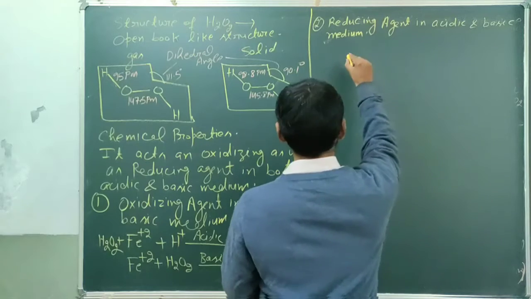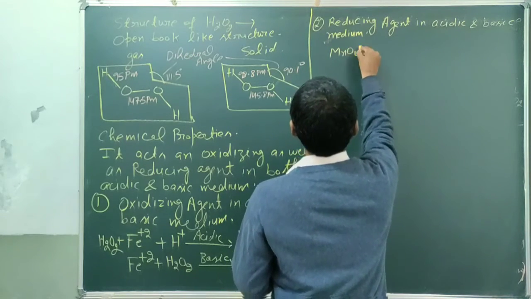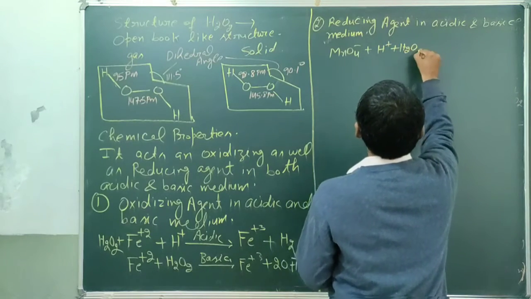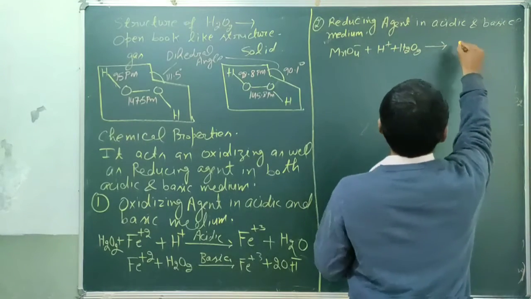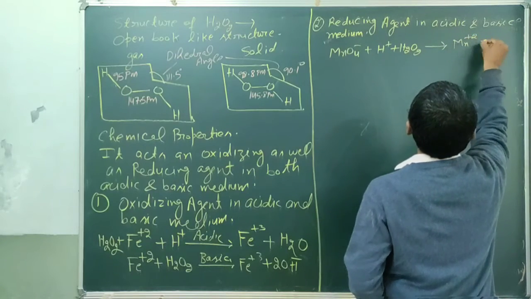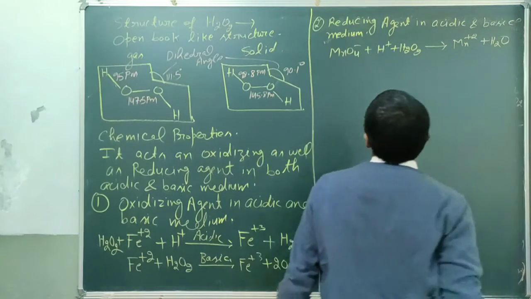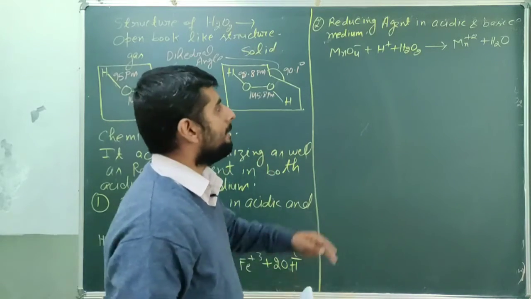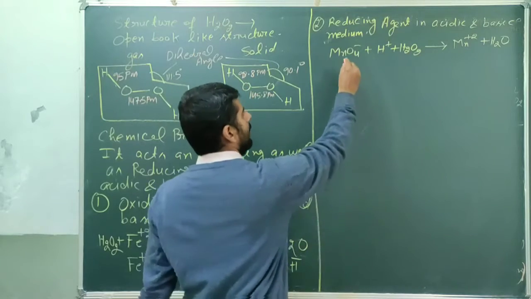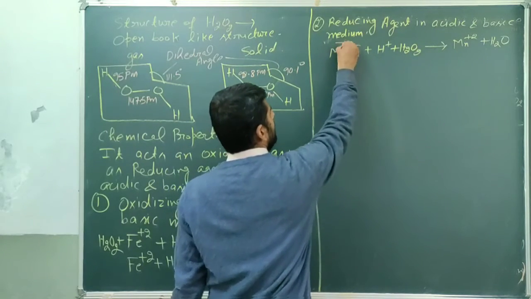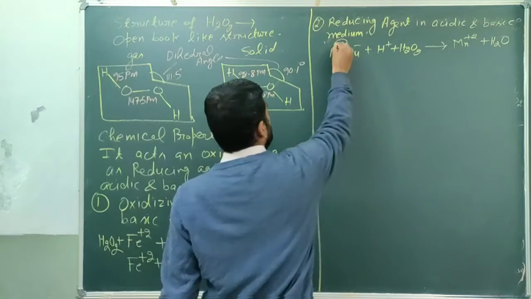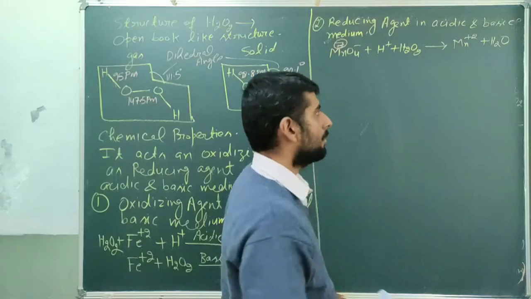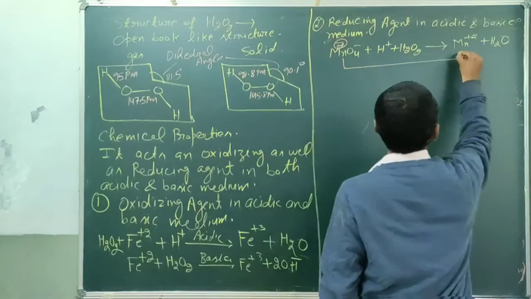First reaction: MnO4- in acidic medium with H2O2 is converted into Mn+2 plus H2O. Here the oxidation state of Mn in MnO4- is plus 7, and it is converted into plus 2.